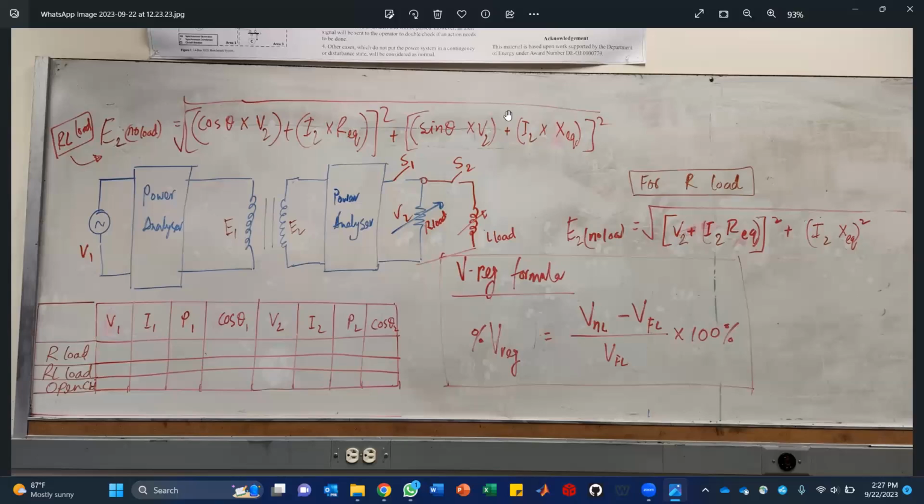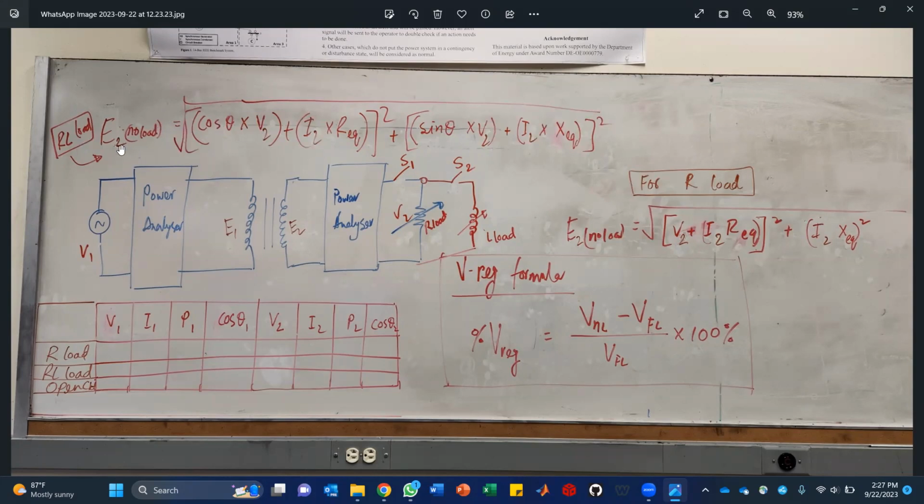From this we can calculate sine theta, and V2 will multiply them and add them with this amount, and we'll square both of them, and after that we'll take the root, and we'll get this one. So interesting thing is, E2 no load for RL load and for R load are the same. So we'll use this formula to calculate.